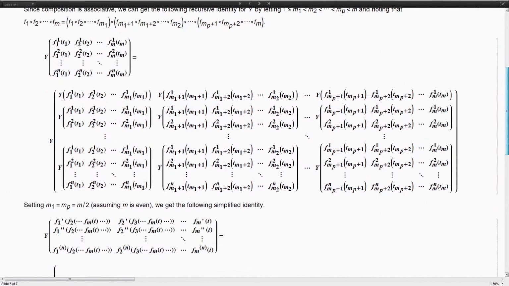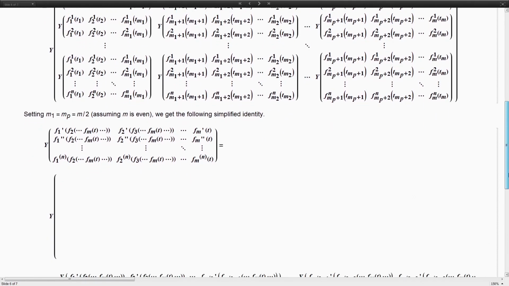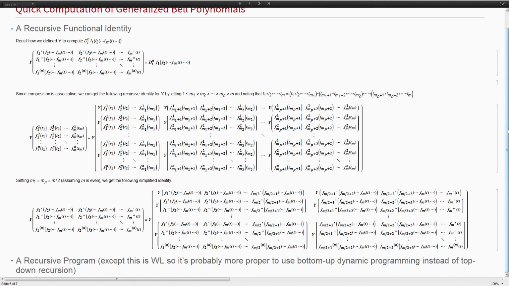So in terms of a means for computing Bell Y, we can basically partition this composition of functions into two equally sized sequences of functions, f1 through f sub m over 2, and then f sub m over 2 plus 1 to f sub m, and apply this functional identity.